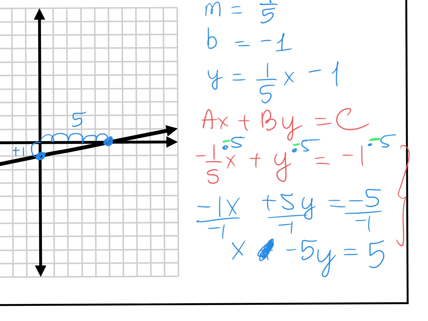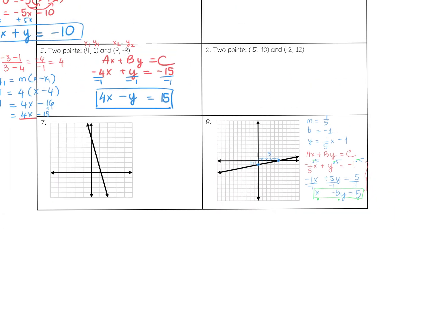Negative times a negative, you will have x. Negative 5y, you times y, you get negative 5y. So you do 2 things in one. Negative times negative is positive, negative 5 times negative 1 is 5. Okay? So that is your answer. So either you multiply by 5 and divide by negative 1, or multiply by negative 5, just to get the shortcut. All right, that's your answer. So you can try number 7.